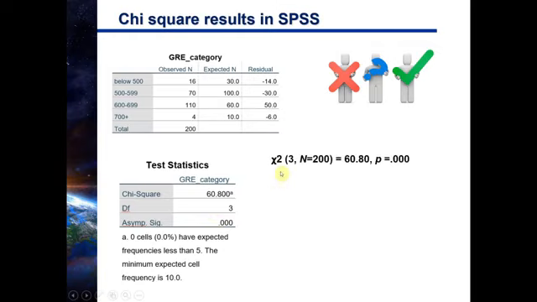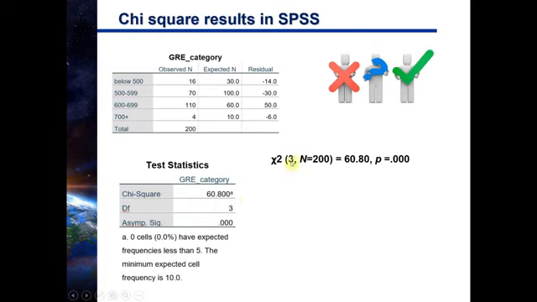So the way we would write this in APA format is we would say chi-square, and remember this is a funny looking X. It is not a normal X. And then this is a superscript, which means it goes above, right? So subscripts go below and superscripts go above. So chi squared, and then in parentheses, you put the degrees of freedom, which we learned are 3.